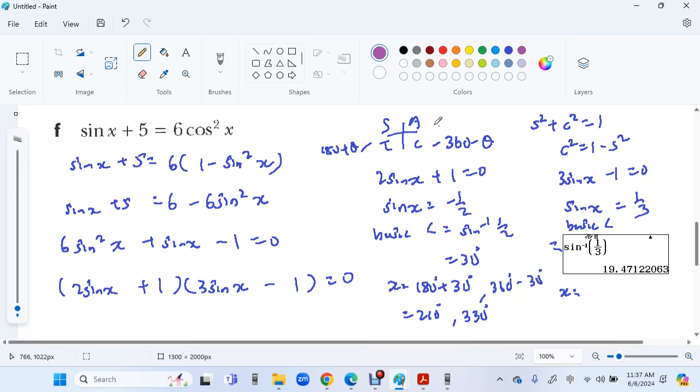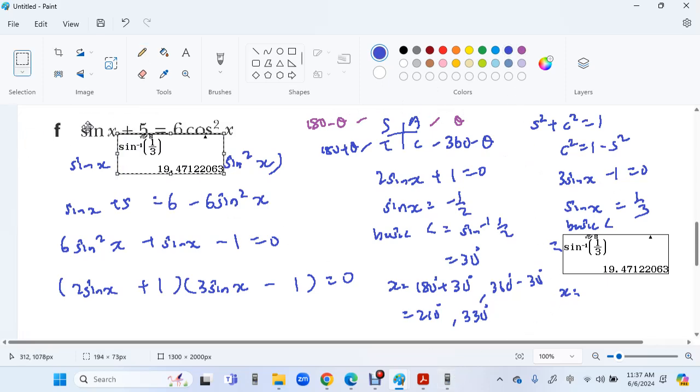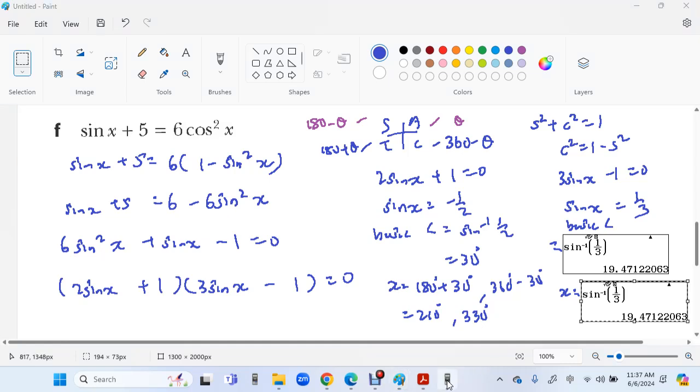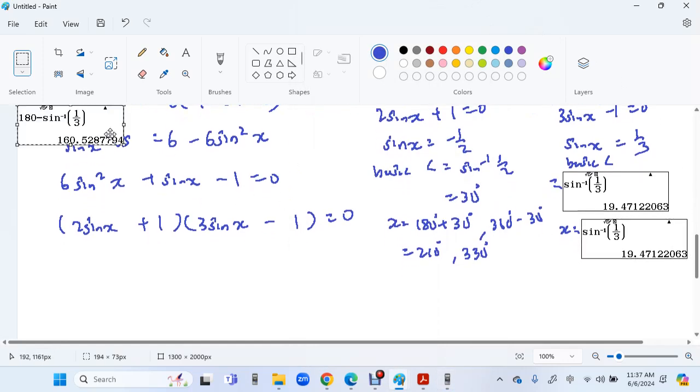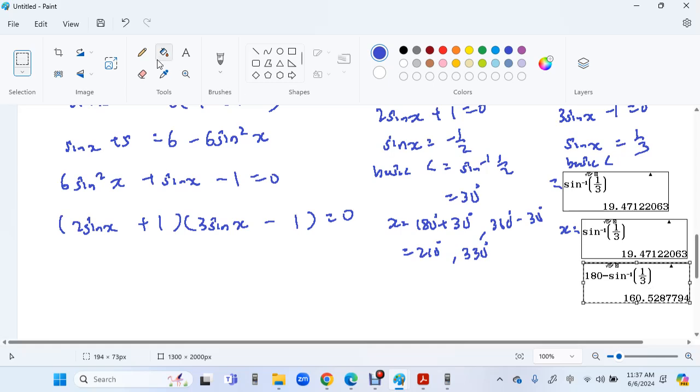Sine positive will be the first and the second quadrant, which is theta and 180 minus theta. So we will have 19.5 and 180 minus, then this is 160.5. Okay, so we combine all together.